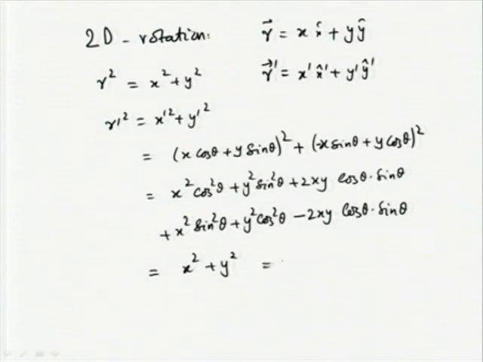So this is the same as this. This preserves the length of the position vector, and this is an invariant quantity under the spatial transformation which we considered, which is rotation.